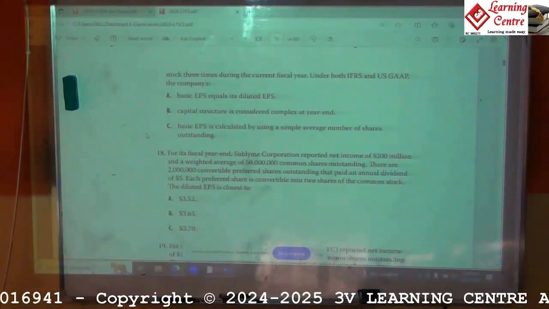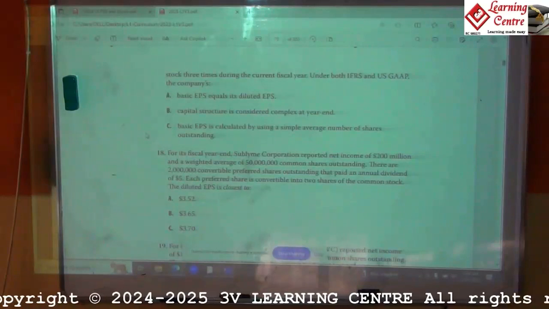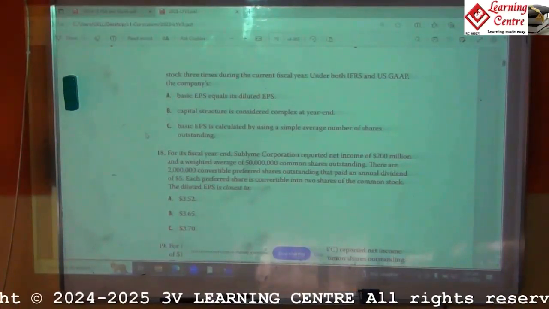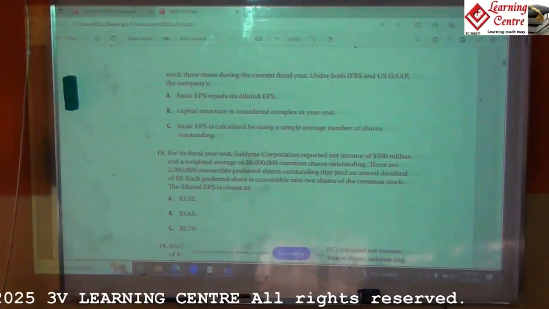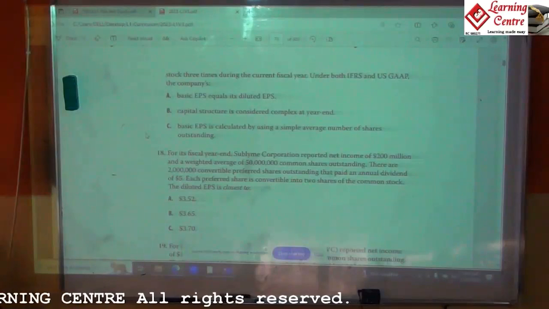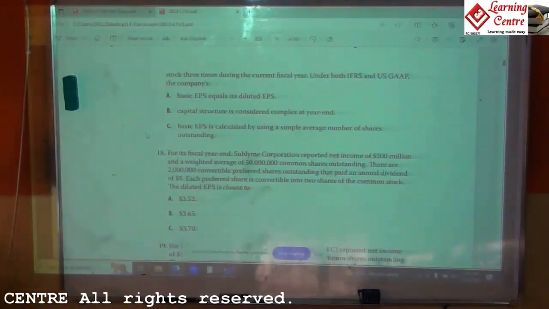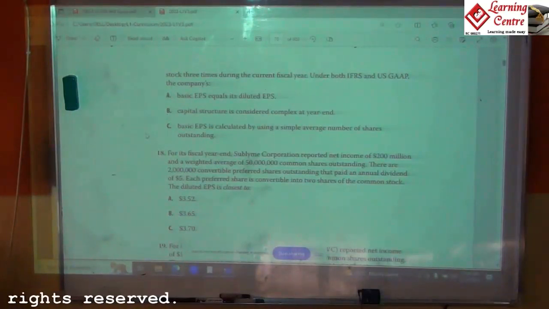So your basic earnings is going to be 200 million minus 10 million divided by the weighted average of 50,000 common shares. What do we have? 3.6. So that is our basic earnings per share.